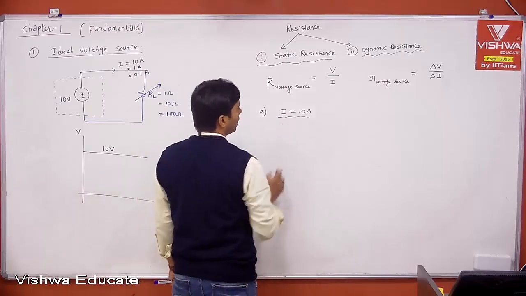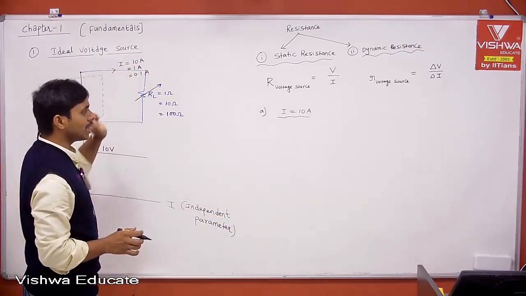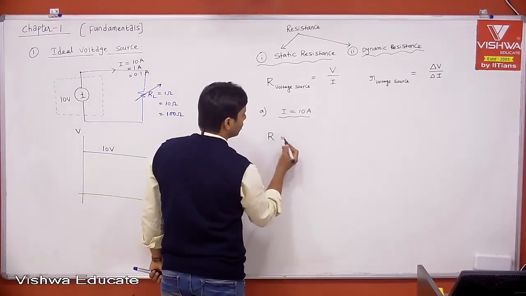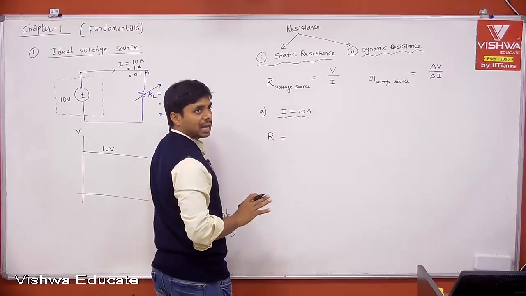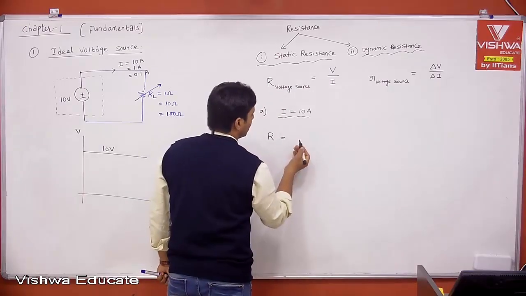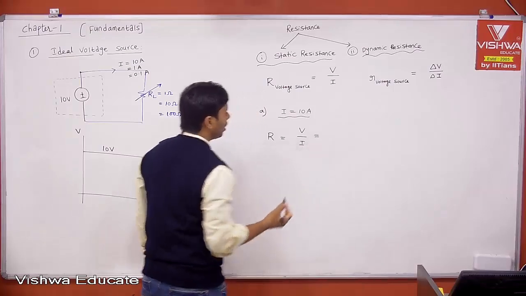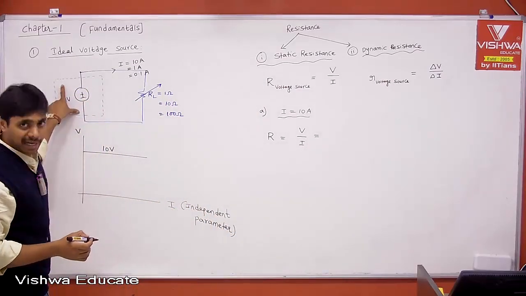Now, when I is equal to 10 ampere, the current you are drawing from your voltage source is 10 ampere. Then tell me what is your static resistance? R, I'm not writing the voltage source subscript, is nothing but V divided by I. Therefore, what is V? The voltage we are getting from your voltage source is 10 volts.